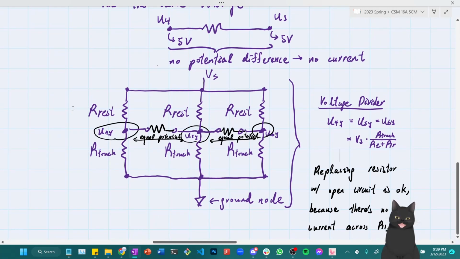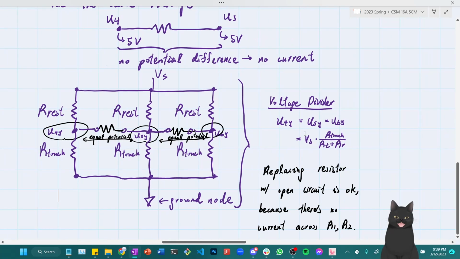You might also ask whether changing the above resistor here matters, but as long as you influence the ratio of R_touch to R_touch plus R_rest, which changing the top resistor does, it will still make one node's voltage higher than the other and introduce current into the resistors R1 and R2.